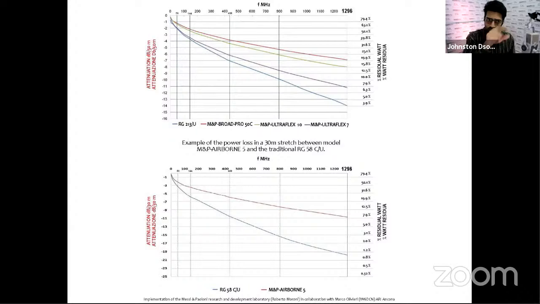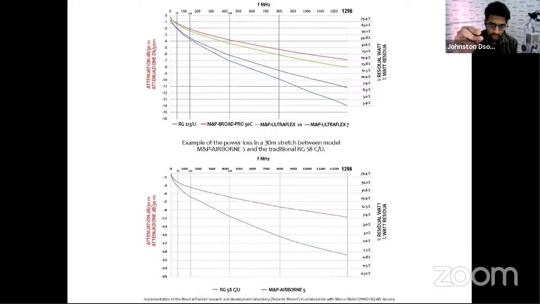Now, if you closely look at it, you see the signal loss. The x-axis is megahertz, that is the frequency. Your y-axis is power loss in dB. Now, at 430 megahertz, in the RG213, you're getting about -4 dB of loss.